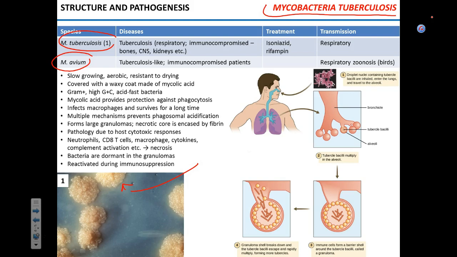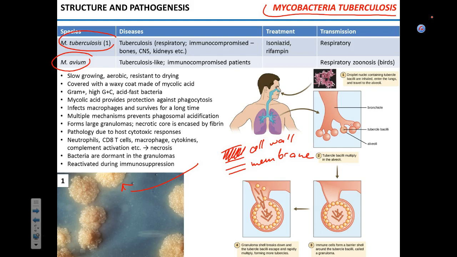As you may remember, the actual structure of the cell wall of Mycobacterium tuberculosis is gram-positive. So it has a membrane, okay, and outside of the membrane it has a cell wall. So that's typical gram-positive.